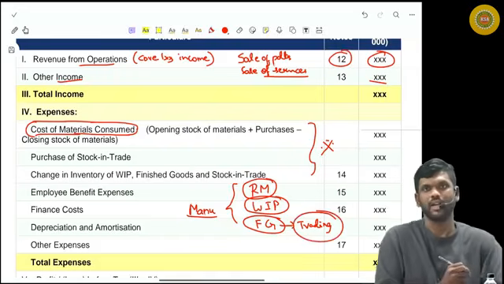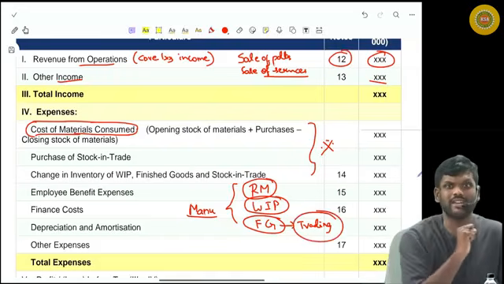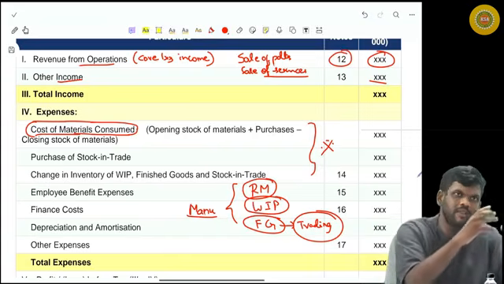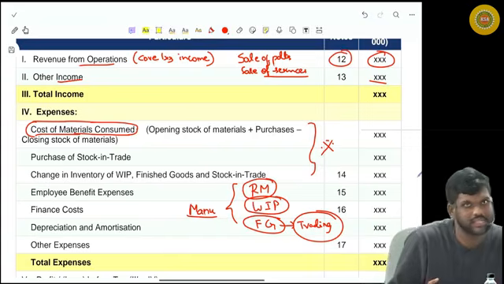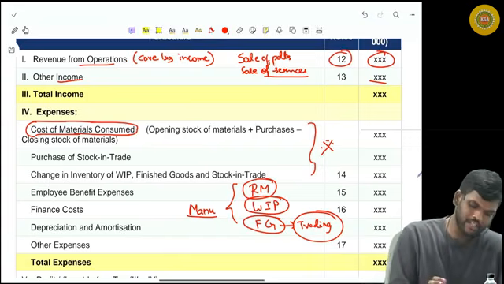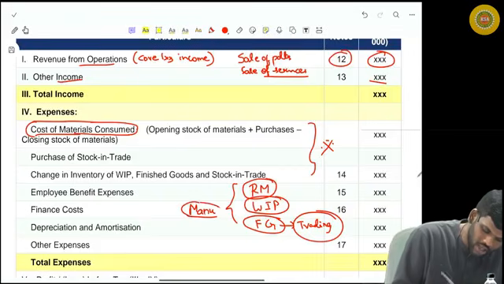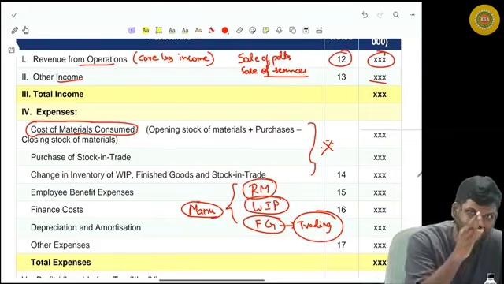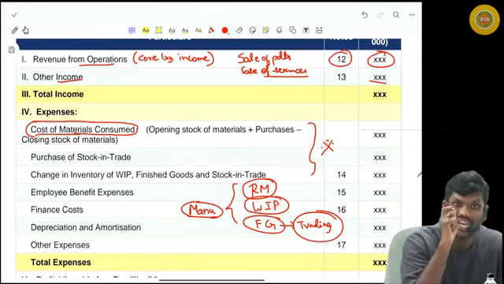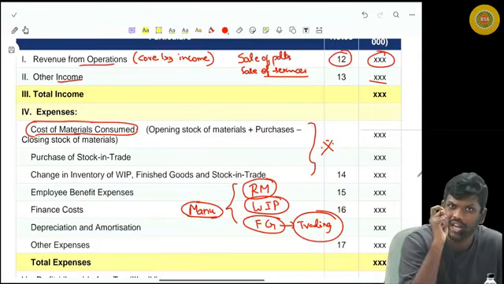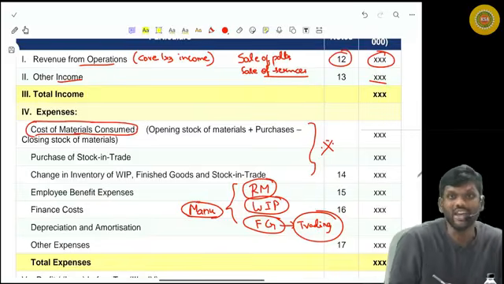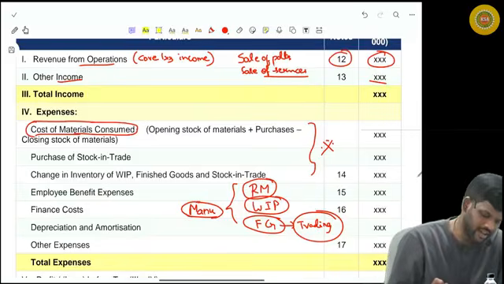Only FG will be there, because trading companies will just buy and sell, they will not do any processing. Only a manufacturing company will buy raw materials and process them. So in a manufacturing company, all three will be there: raw material, WIP and finished goods. But in a trading company, they will not have raw materials, they will not have WIP, they will have only finished goods. Remember this point carefully.